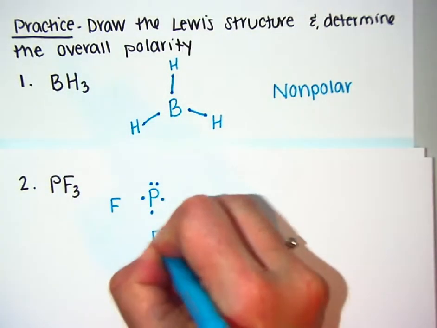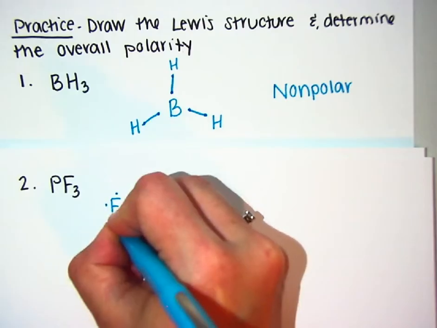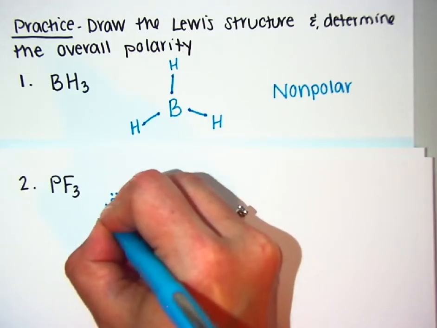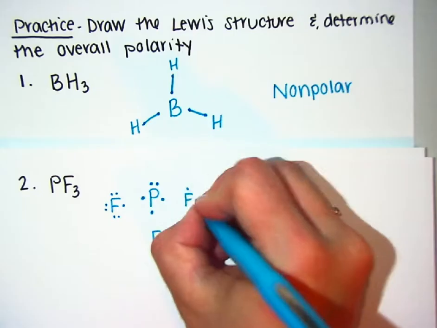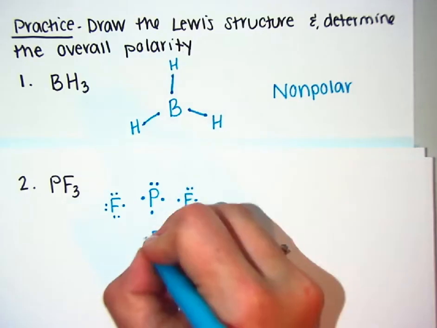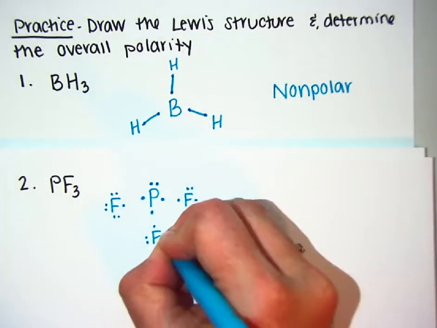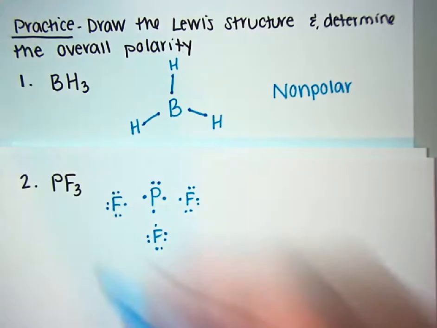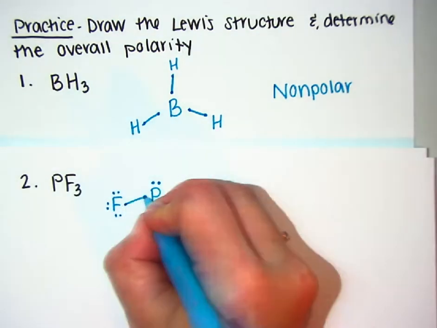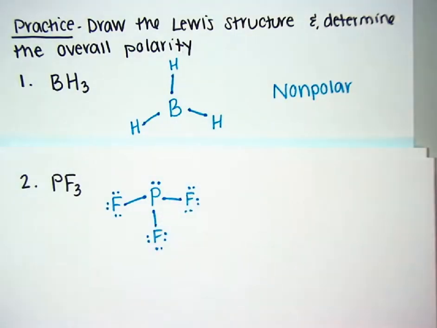I could draw my 3 fluorines around it. Fluorine is in group 7, so 7 valence electrons. Remember, we never touch the pairs of electrons, but if we have unpaired electrons, they can be shared and we can form some bonds.